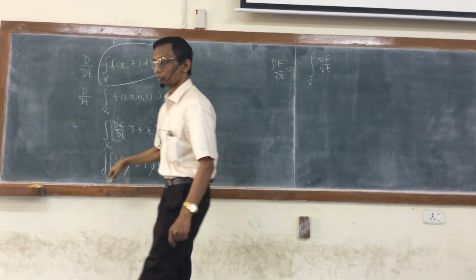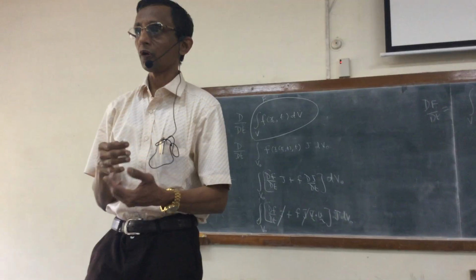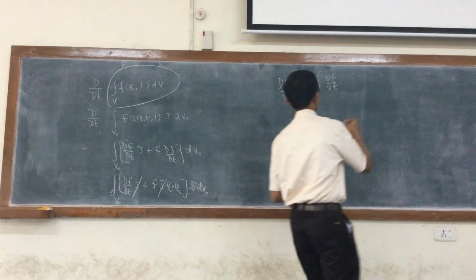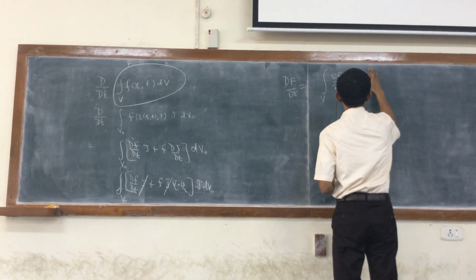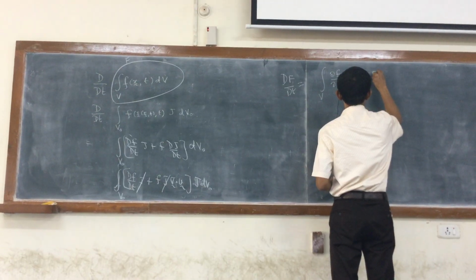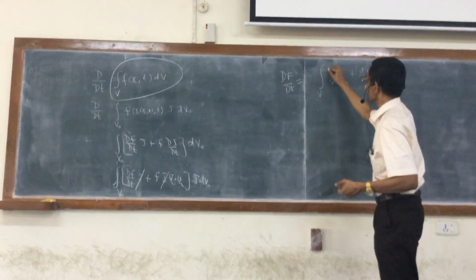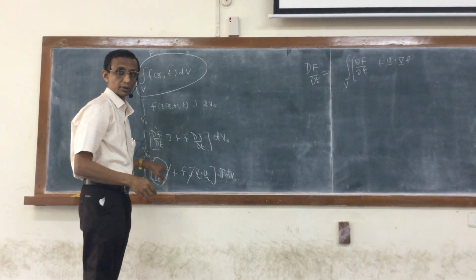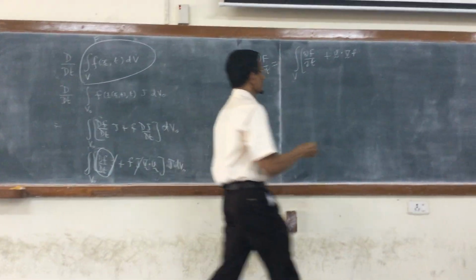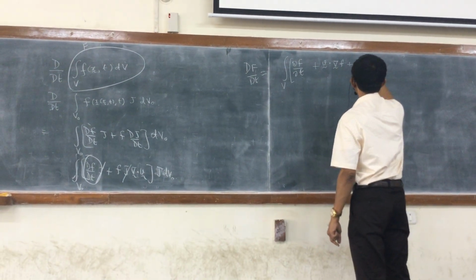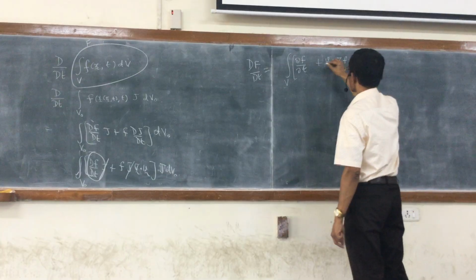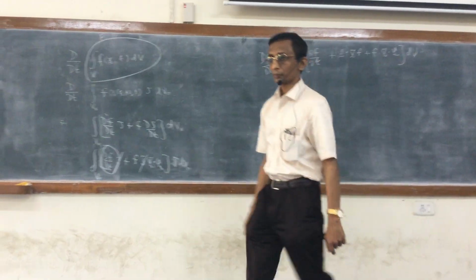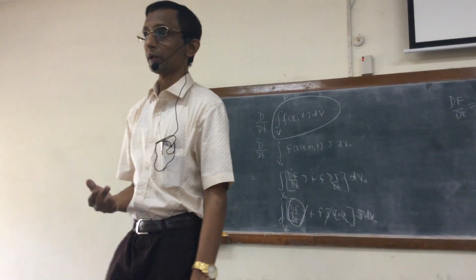Now using the earlier derived formula for the substantial derivative of a scalar function, df by dt plus, so that is this quantity that I've written. On top of it we also have f, and the whole thing is now over the volume V occupied by the fluid at time t.